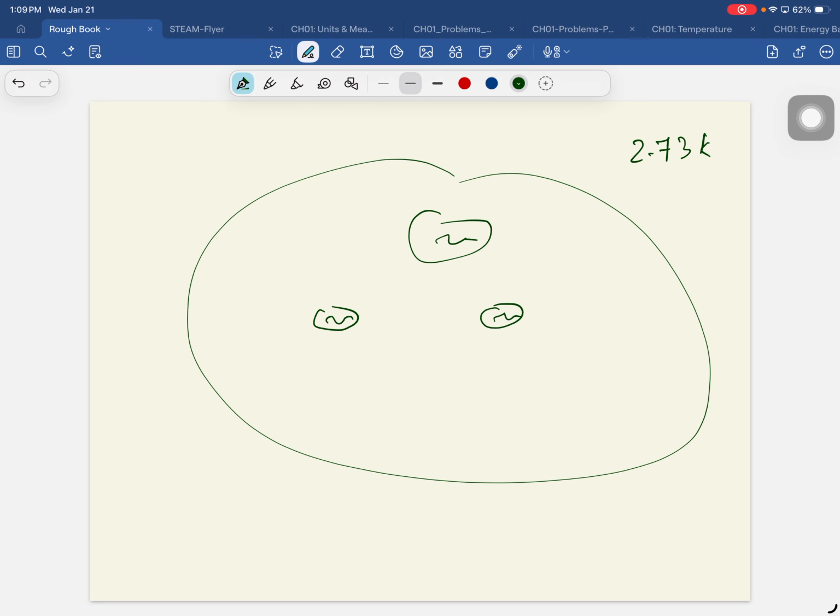This is the cosmic microwave background radiation, and the wavelength of this radiation, the peak, the most common photon, is about 2 millimeters.